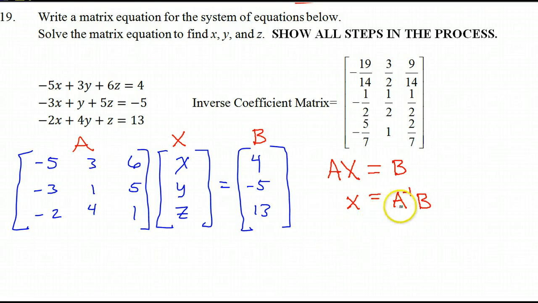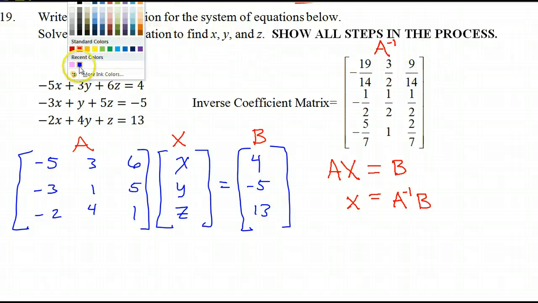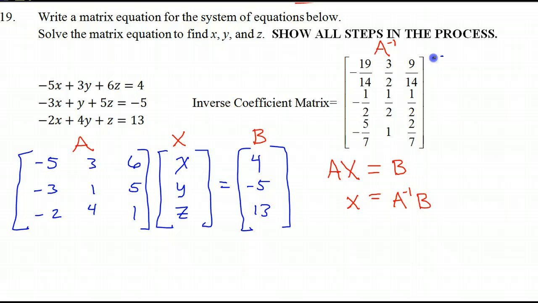A inverse, luckily we're given. Inverse coefficient matrix. Boom. So they're telling us, and we must label this, this is A inverse. We're supposed to do A inverse times B, so that means we need to do this times B. So fine, 4, -5, 13.